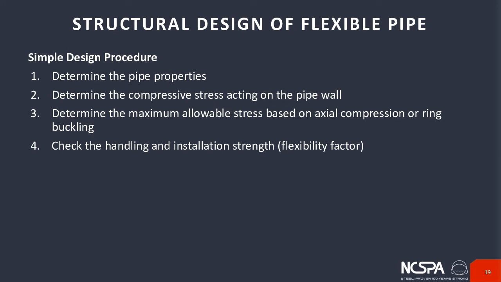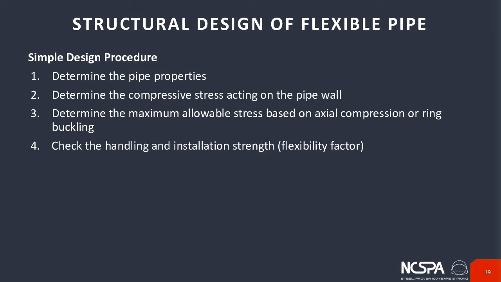So the next step would be to check the handling and installation strength, or sometimes called the flexibility factor for the pipe. For all pipes, there's a certain amount of bending strength that is required. That's really where the flexibility factor comes in. Essentially, there's a minimum pipe stiffness level that is recommended depending on the corrugation and the shape of the structure that you're utilizing.